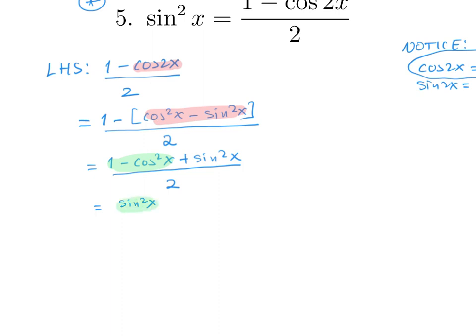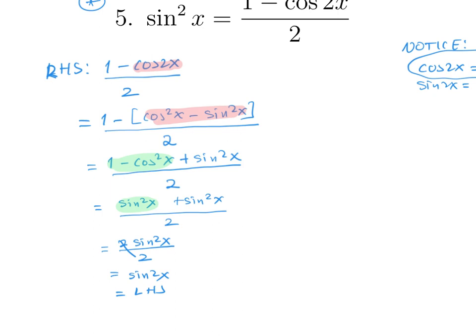So sine squared plus the other sine squared you have, divided by 2. This will give you 2 sine squared x, everything divided by 2. The 2's cancel. So this is equal to sine squared x, which is equal to the left-hand side. Actually, here we start on the right-hand side, sorry. Right-hand side, and we finish on the left-hand side.